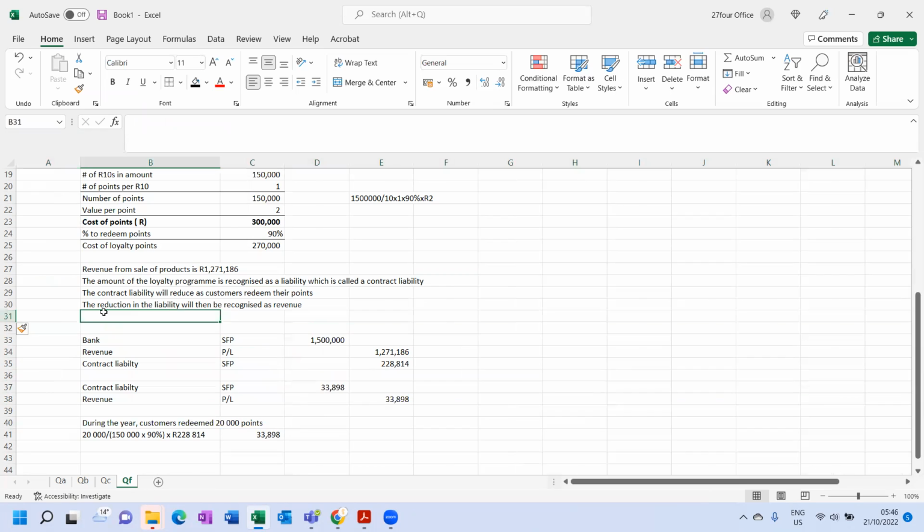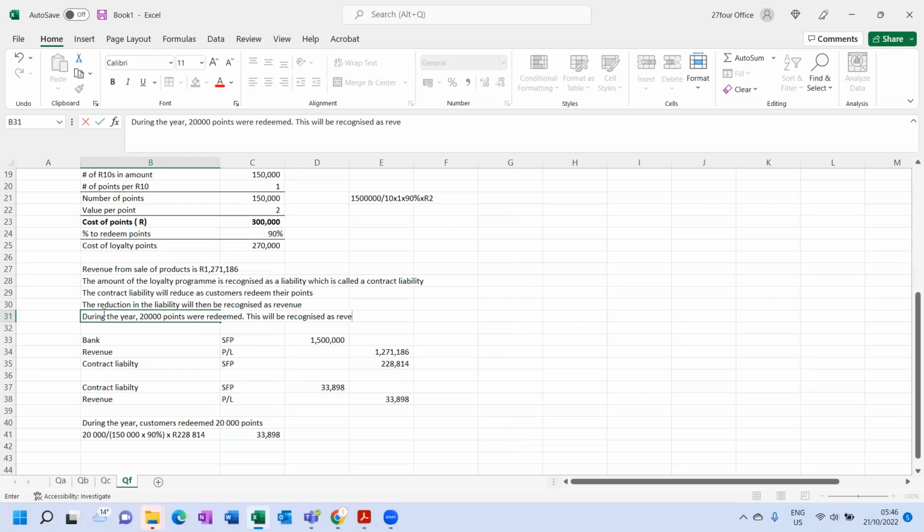So they will say: during the year, 20,000 points were redeemed. This will be recognized as revenue with a corresponding decrease in contract liability. So that's basically it.